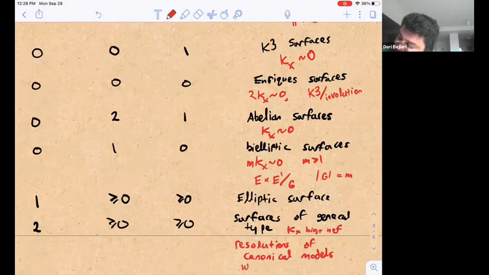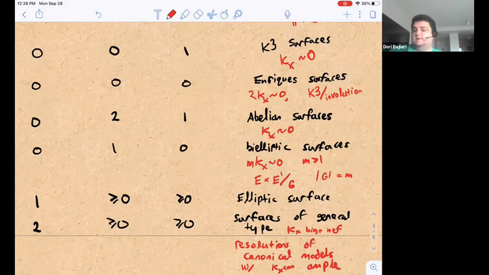But the defining feature of these canonical models is that the canonical divisor of the canonical model is actually ample. So basically, the idea is you can understand these surfaces of general type by understanding the surfaces whose canonical is ample, and then these can be singular, and then we resolve their singularities, and that's how we get these minimal surfaces of general type.